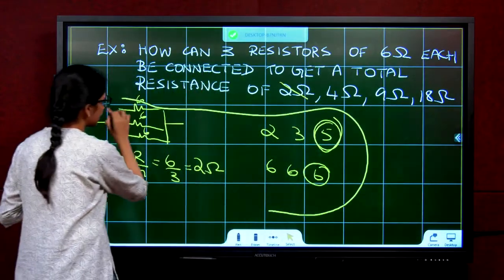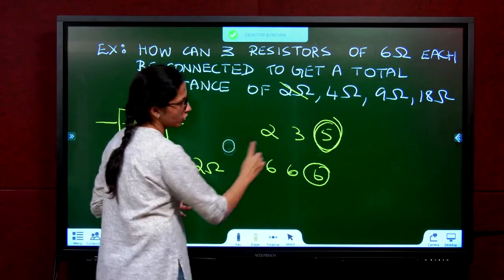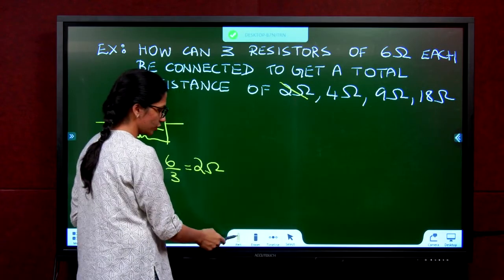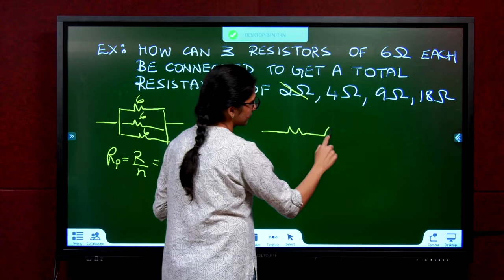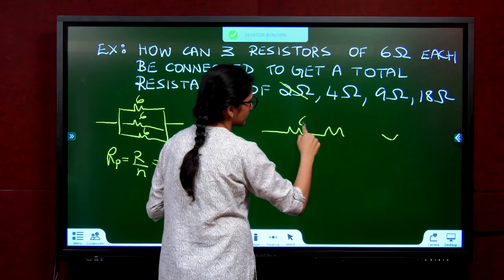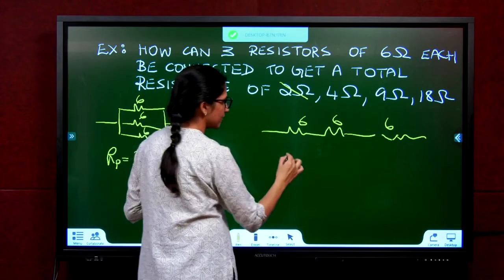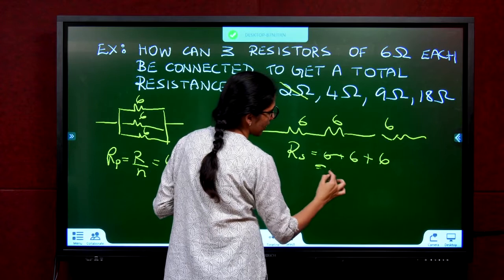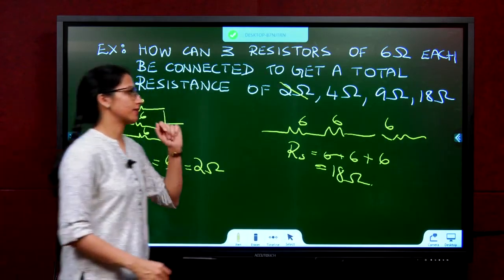So therefore I can say series combination will give either 9 or 18. We will check. Connect 6, 6, 6. Rs is 6 plus 6 plus 6. Rs is 18 ohms. So 18 is done.